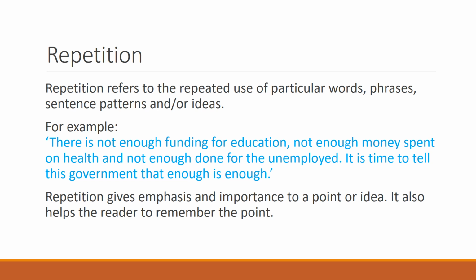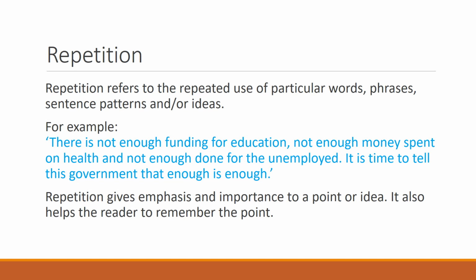It says there is not enough funding for education, not enough money spent on health, and not enough done for the unemployed. It is time to tell this government that enough is enough. So I'll let you have a guess what the repeated word is. It's clearly enough. So the writer of this piece of writing is obviously sick and tired of the government.